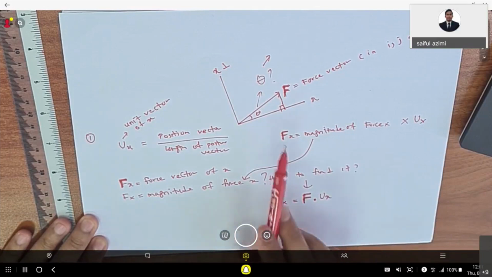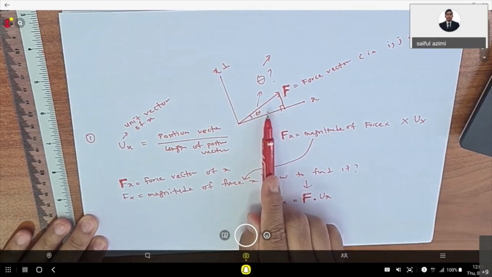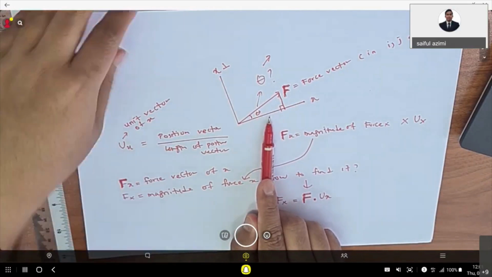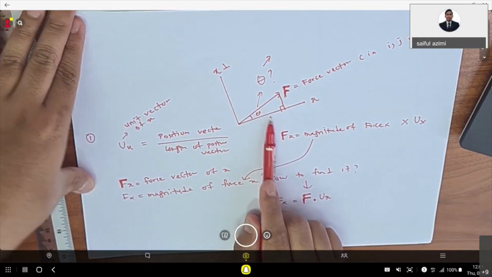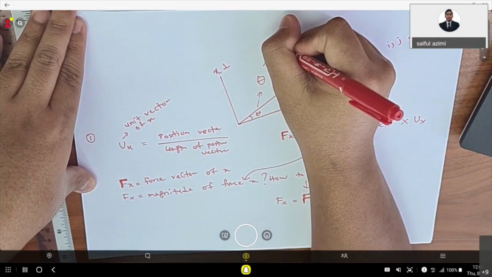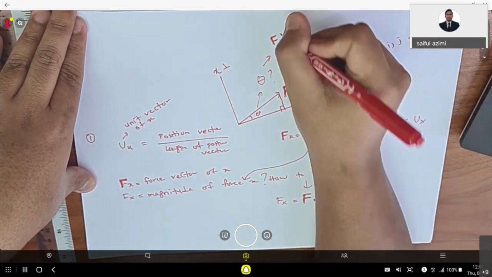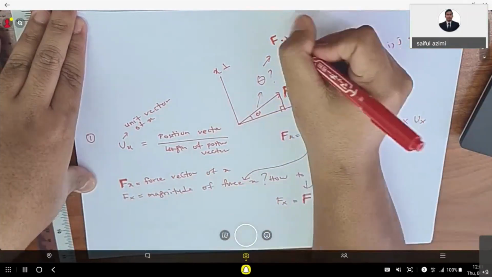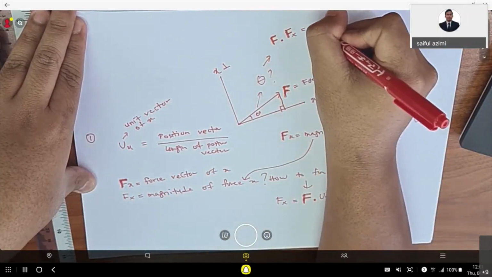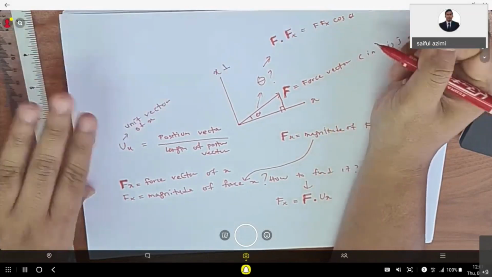If the question gives the vector here and the vector here, you can find it easily. The dot product of F with Fx gives Fx cos theta.